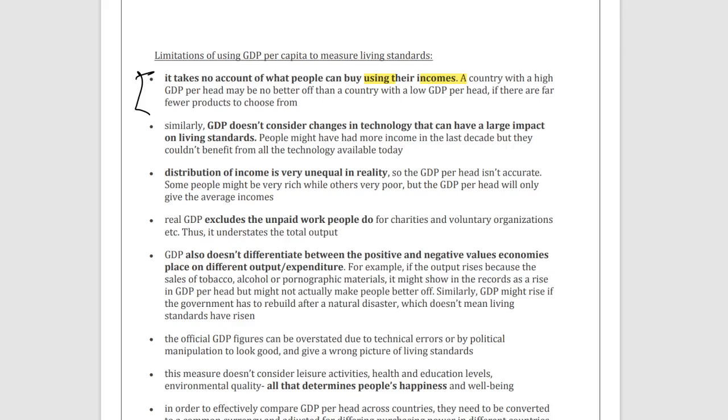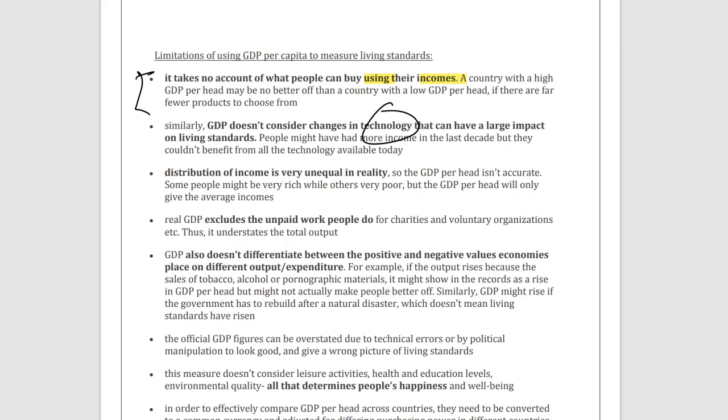The second disadvantage is that GDP does not take into consideration the change in technology. Not all of this output is actually made by people. Most of the goods these days, because of technology, are made by machines.